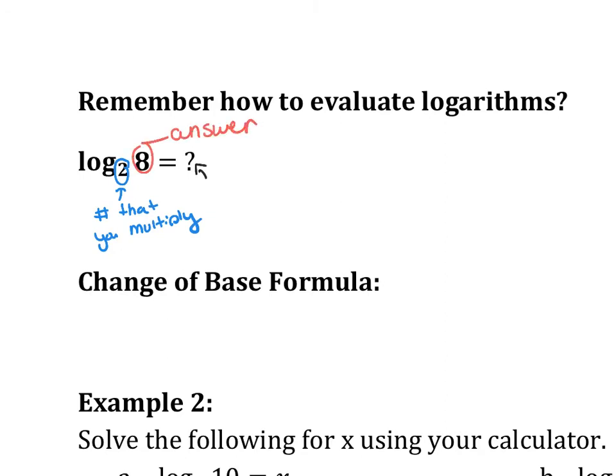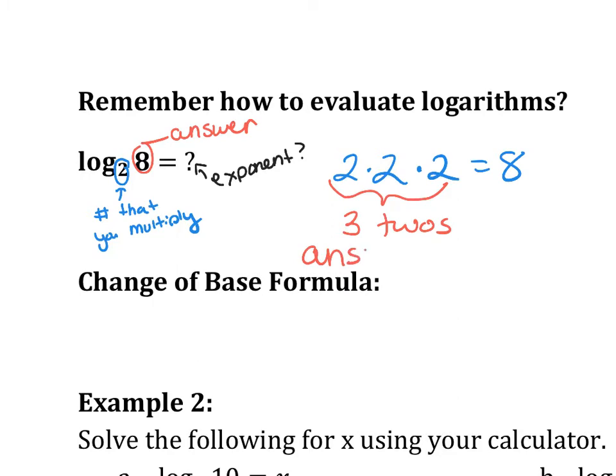So here we're trying to figure out how many 2's we have to multiply together to get 8. So if we do 2 times 2, that gives us 4, not 8 yet, but if we multiply by another 2, that equals 8.